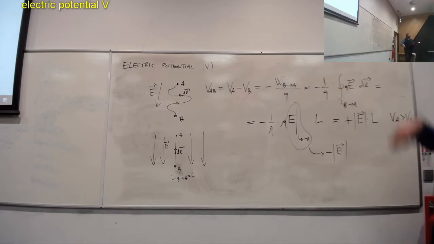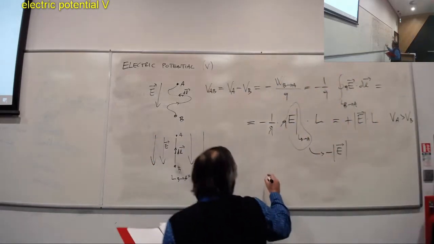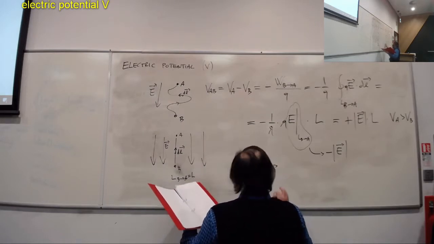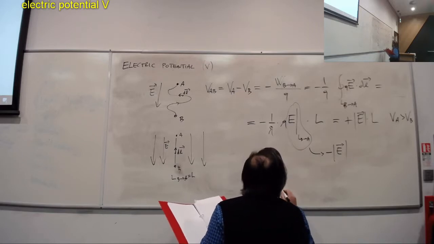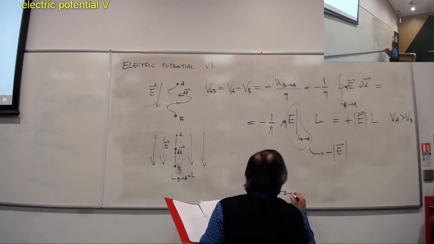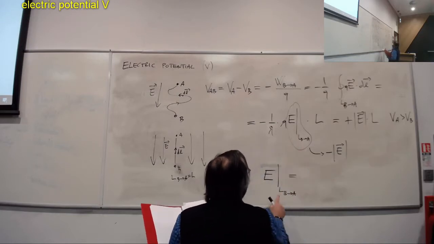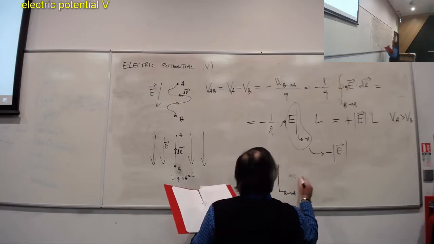So if we derive this integral definition, we end up saying that the component of the electric field taken along the path that goes from B to A is minus the derivative of the potential.